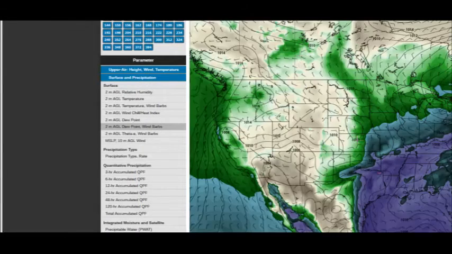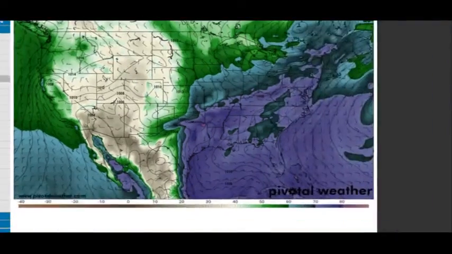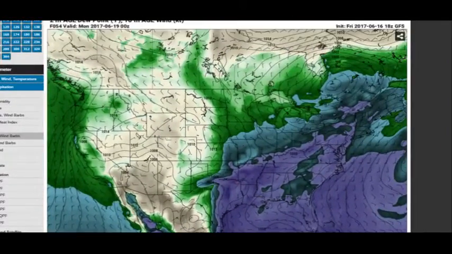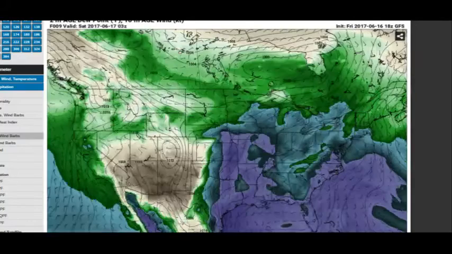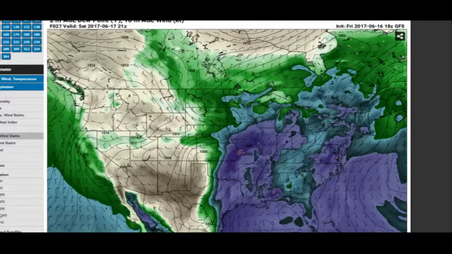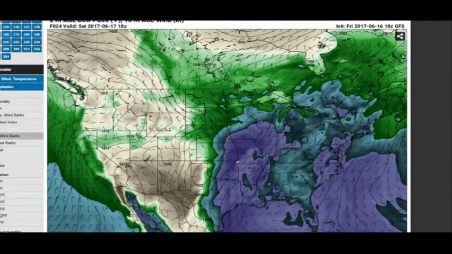Let's try a sounding out in southeastern Kansas. Why did that move? Okay, southeast Kansas, sounding.